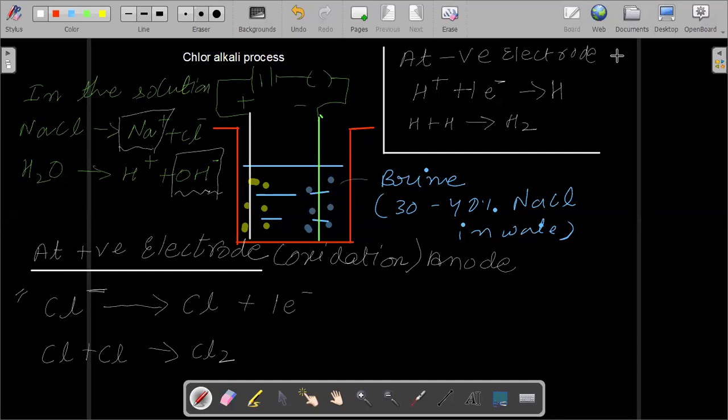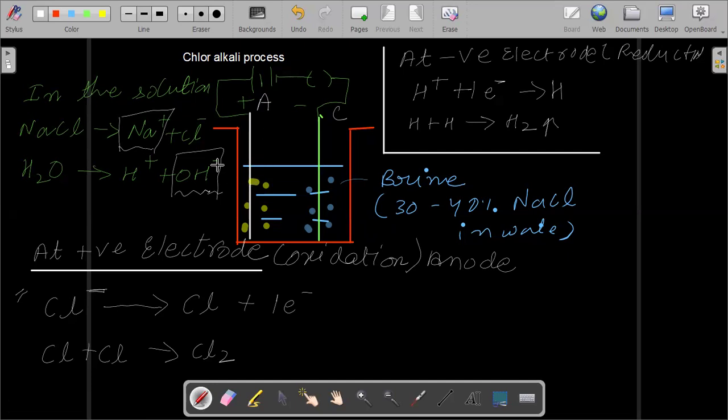So at the negative electrode we observe that reduction takes place, and hence the electrode is called the cathode. So the negative electrode is the cathode and the positive electrode is the anode. Here we observe evolution of hydrogen gas, and at the positive electrode, evolution of chlorine gas.